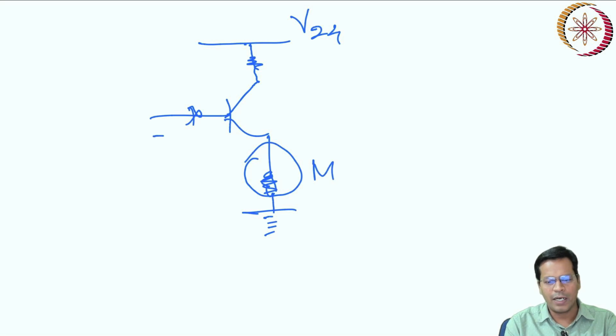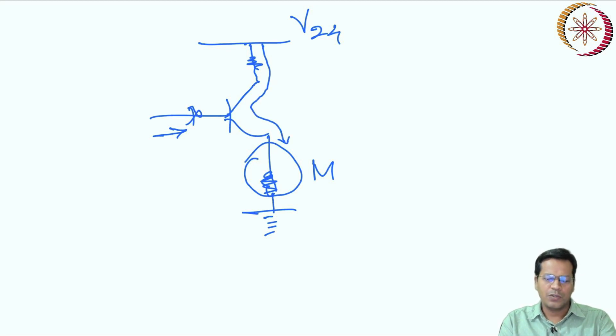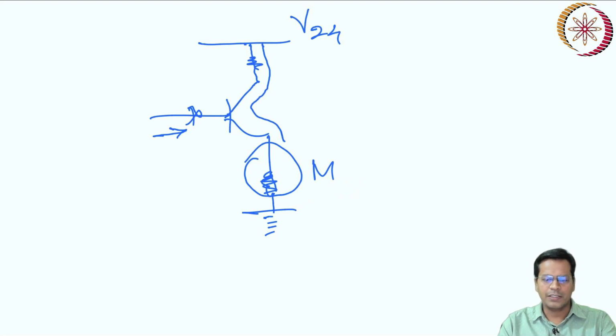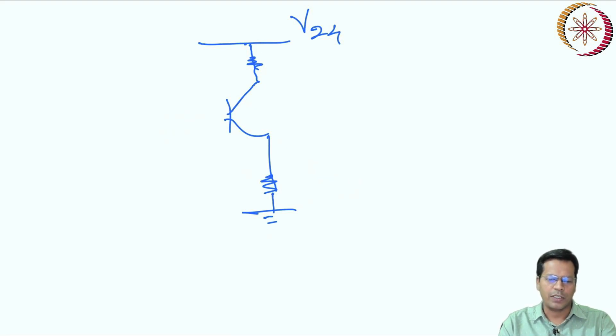When you give it a high signal from here, the current that comes from here finally drives this motor. So this is a way you can switch using a transistor. This one is for an NPN transistor; for PNP, a different connection can be made. So yes, this is a type of switching that you did using a standard transistor. It can also be done using a MOSFET.